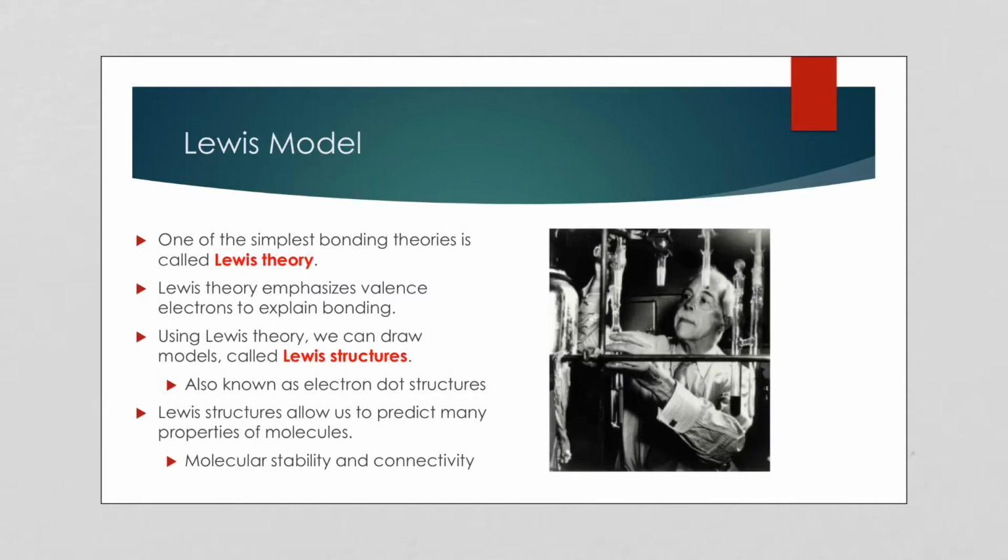So, the Lewis model is the first model we're going to look at, and it's going to be our base. We're going to spend by far the most time looking at Lewis theory, and it's sort of our go-to model. And in a lot of respects, it's a very simple model, Lewis theory. But in the same sense, it's extremely effective for getting basic bonding and behavior information.